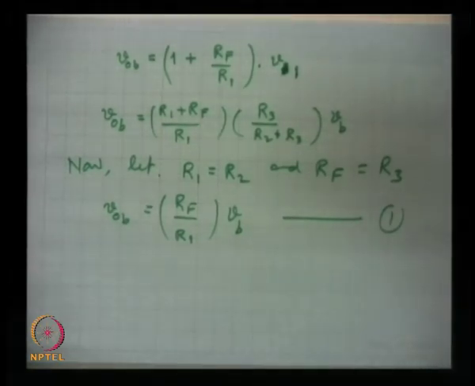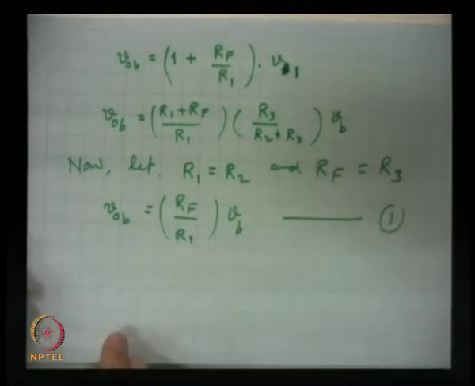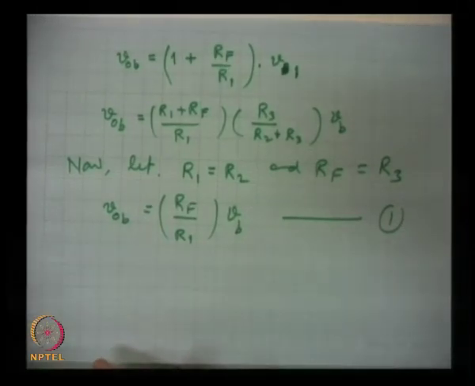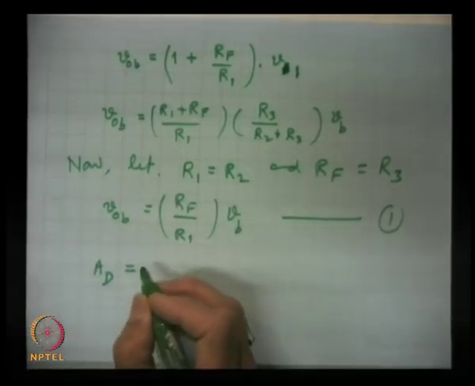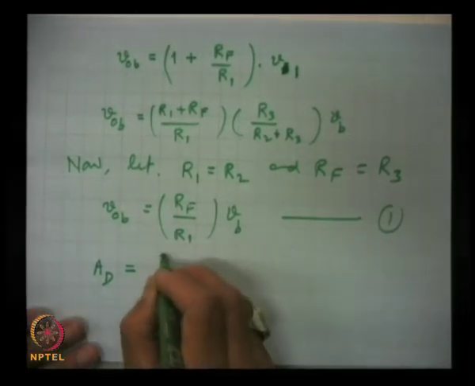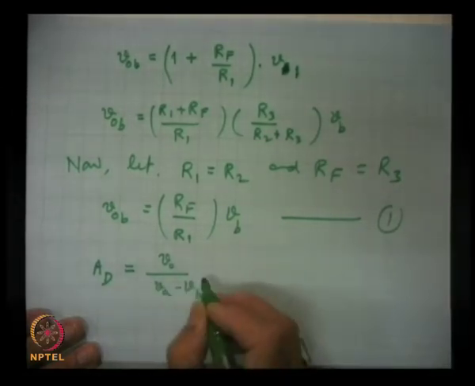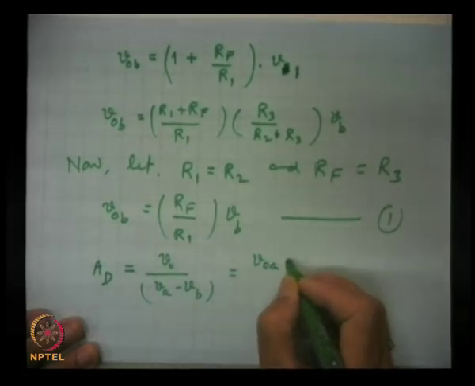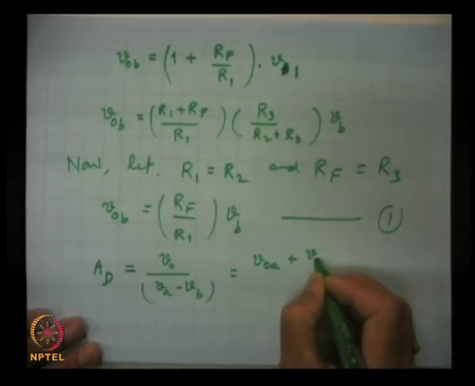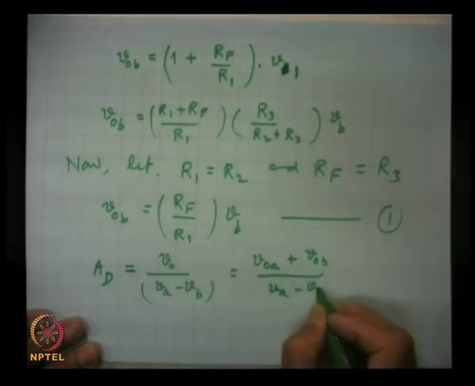Now we apply the differential or the effective superposition theorem, and then it will be AD, differential gain, which is equal to VO by VA minus VB, and this is VOA plus VOB over VA minus VB.